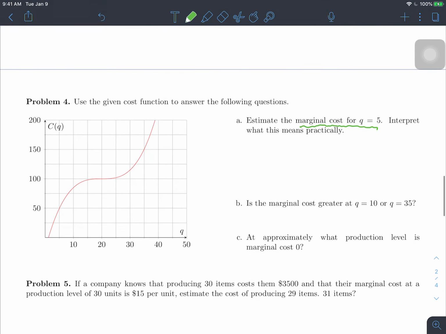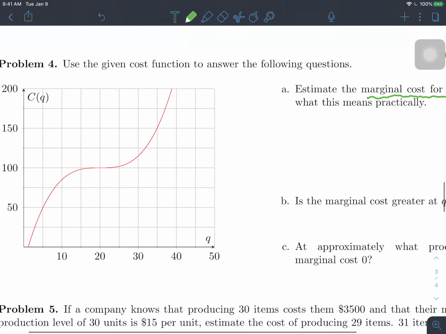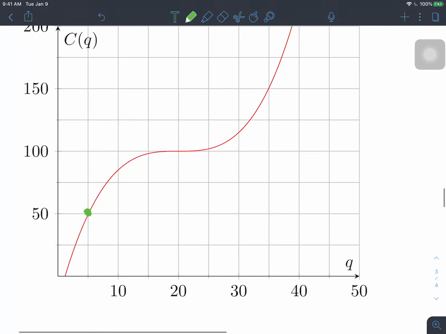So we're doing the same thing here. We want to estimate the marginal cost for Q equals 5. I know that the marginal cost is equal to the derivative. So this is going to be equal to C prime of 5. C prime of 5 is going to be the slope of the tangent line when Q is equal to 5. So this is my point here. This tangent line looks like this.